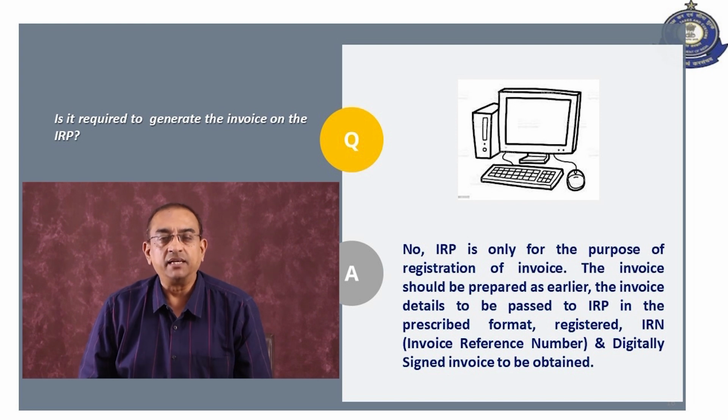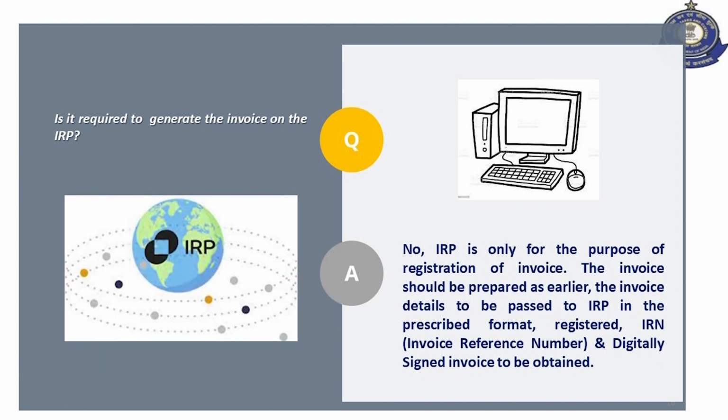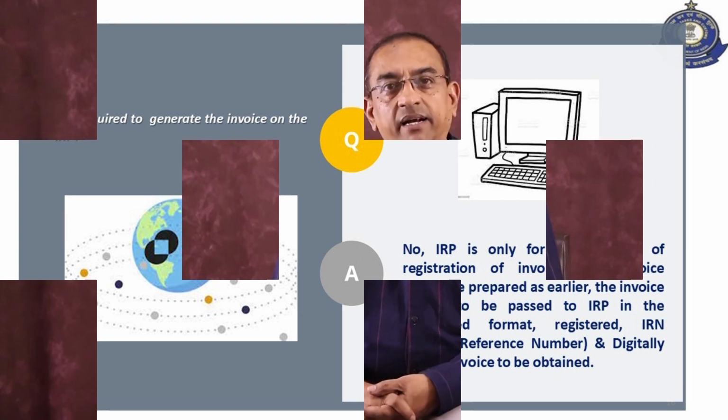The tax invoice can be generated through the normal legacy ERP system in the manner that is normally generated, and certain information that are associated with e-invoice are required to be fed into the invoice registration portal, and invoice reference number will have to be obtained. So there is no requirement to generate the tax invoice per se straight away from the e-invoice portal.